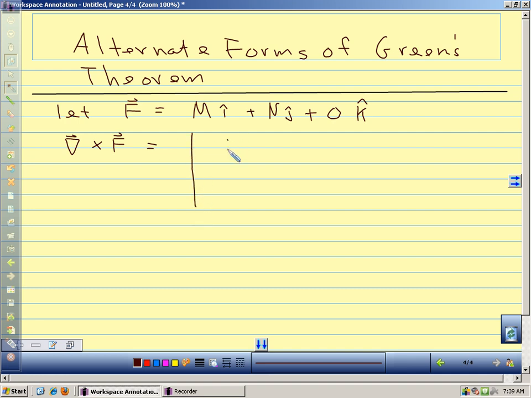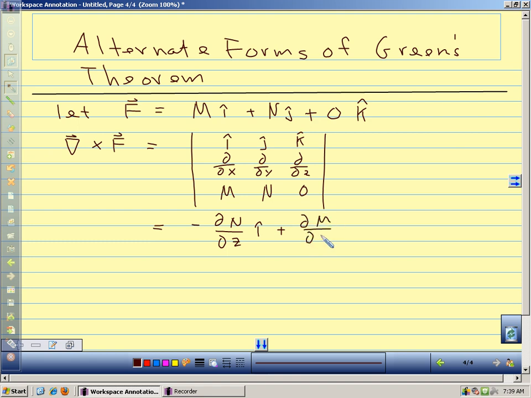So the curl of f is this determinant, and when we find this determinant, we get minus dn dz i plus dm dz j plus this quantity, dn dx minus dm dy, k.